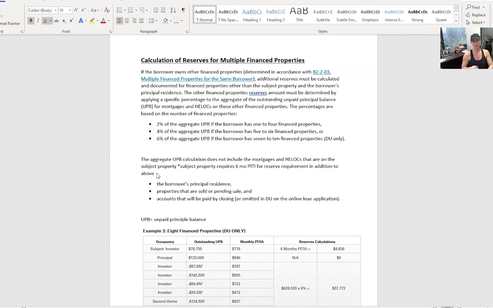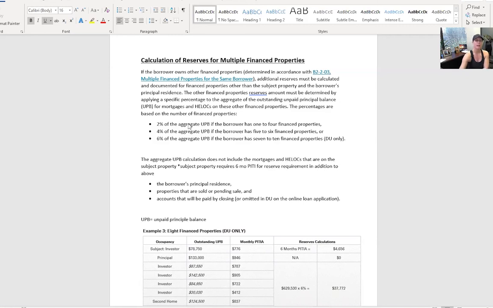So, bucket number 1, loan spots 1 through 4. If you can see here, right in the middle of the page, here's our visual aid. 2% of the aggregate UPB, that stands for unpaid principal balance, if the borrower has 1 to 4 finance properties, okay? I'm going to use round numbers as our examples in this.